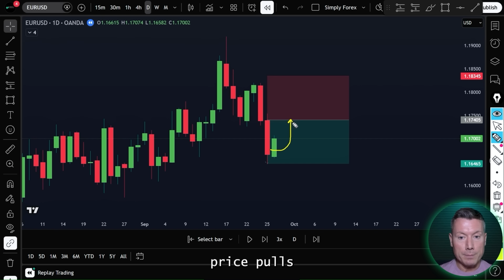So if price pulls back to this level, this is basically where I get 1:1, right? And that is acceptable. I will take a 1:1 trade. If price comes down, I'll let some profit run anyway. But you also have to consider the more price moves this way, the better your risk to reward and the better the value you're getting, right?